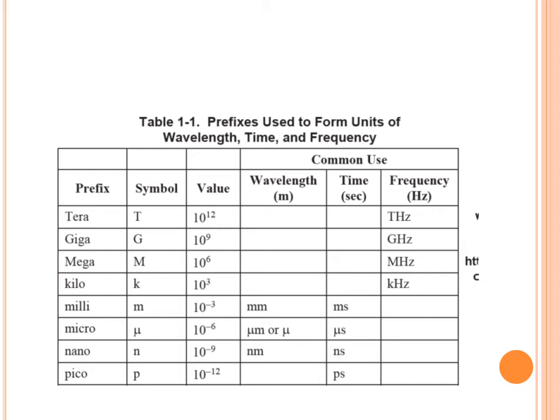I know at least one of my students in this class has taken my Intro to Nanotechnology class in the past. As you see, a nanometer is 10 to the minus 9th meters, and in that class we talk about stuff on the nano scale, stuff that's really, really small.